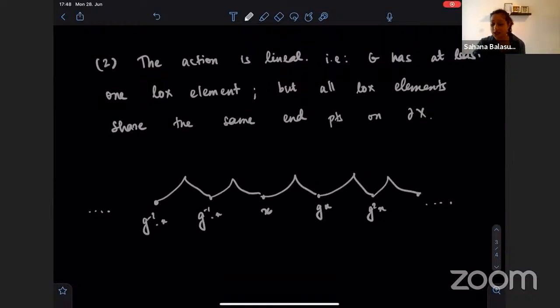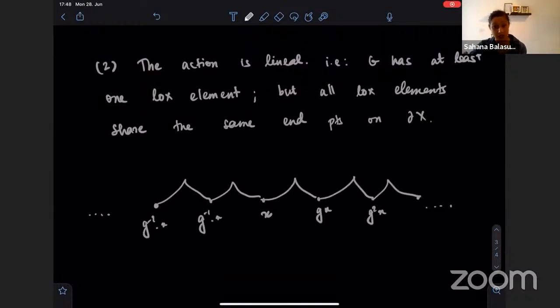However, inside my group G, there exists at least one such element. And if there's any other loxodromic element, let's say H is another loxodromic element, well, what does H do? It's also going to translate along this line, so that the limit points it defines with its respective positive and negative powers are the same ones as given by G to the plus infinity and G to the minus infinity. So what does this mean for the group?